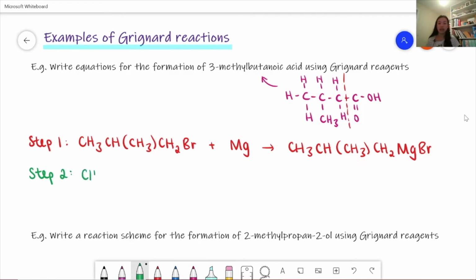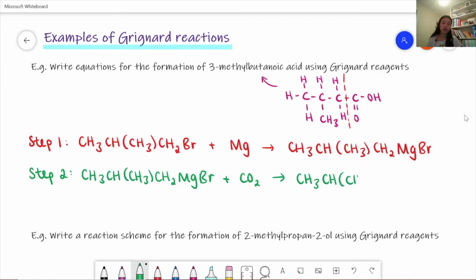So we have CH3, CH, and then CH2, MgBr, and then we add carbon dioxide. And what we form is CH3, CH, CH3, and then CH2.